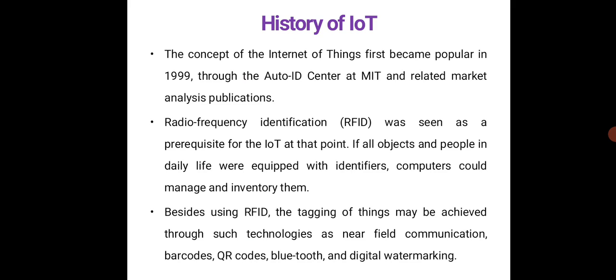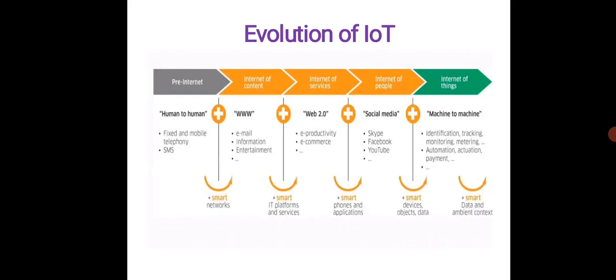Bluetooth, and digital watermarking. This chart shows you the evolution of IoT, where we have various stages. One is pre-internet, second is internet of content, third is internet of services, fourth is internet of people, and finally internet of things.